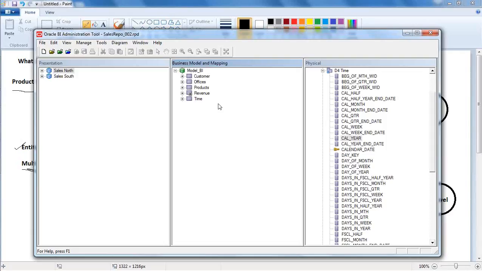We can create a lot of things like hierarchies and drill downs, which you can only do in the reporting provided you have a multidimensional model here. That's what I'm talking about, a multidimensional model, which is a combination of fact and dimension.